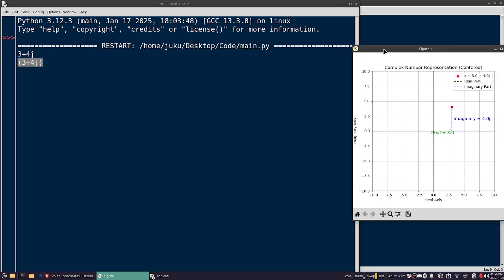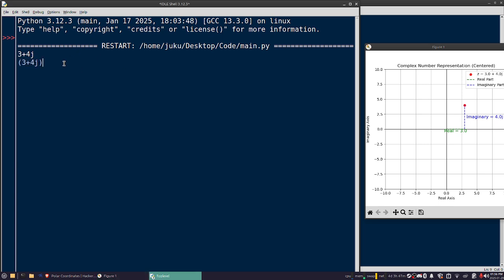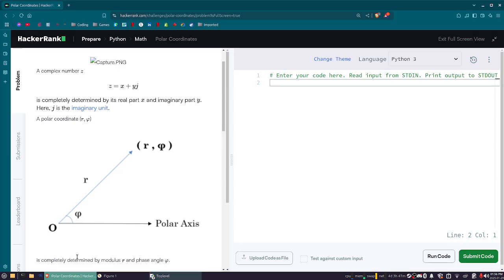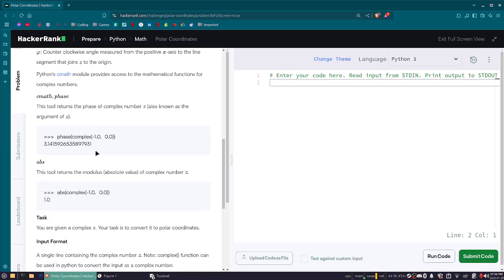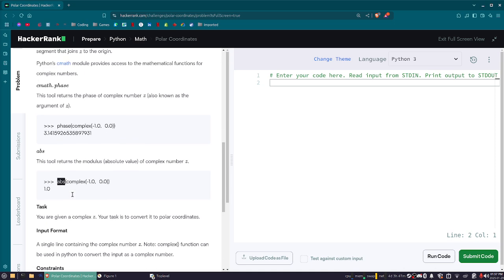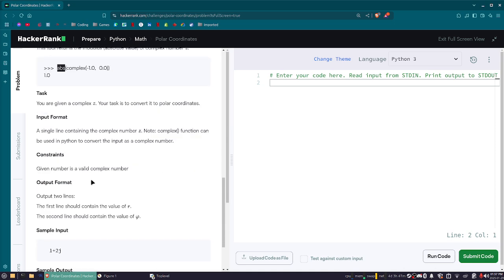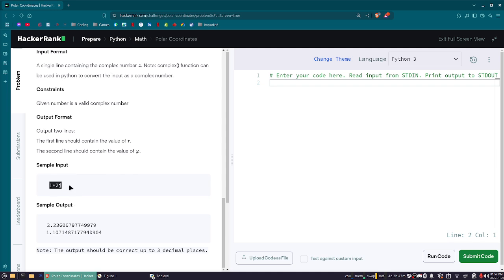So it's done in two easy ways, at least when it comes to Python. So the first one, as it shows, if you scroll down, there's the phase, which is basically theta, and then this is using abs for absolute, which is the r distance. So if we pass in this, we have the distance and we have theta, or vice versa.